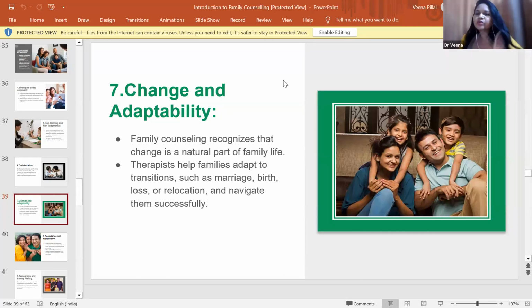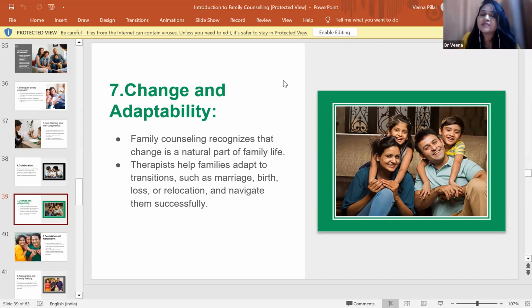During COVID you could have seen many incidents wherein one of the breadwinners of the family is lost, and the family doesn't know how to cope with that situation, how they could adapt to that sudden loss. Or a mother would have a miscarriage, which is very, very traumatizing. So these aspects are addressed with family counseling.